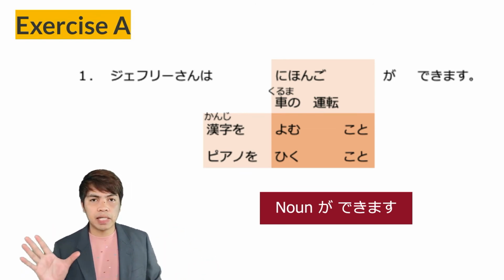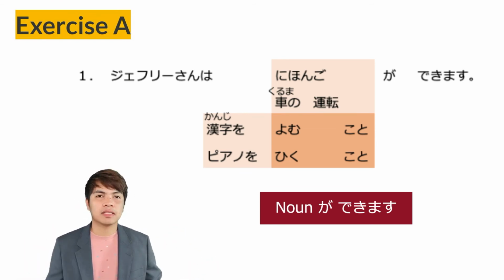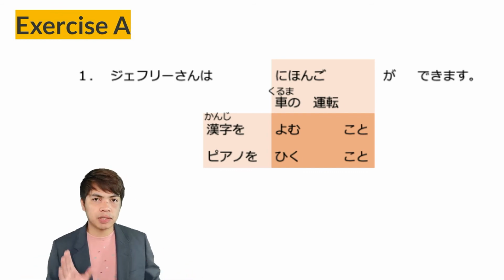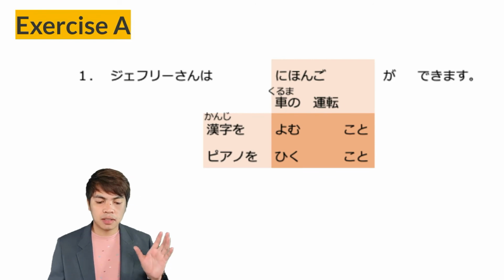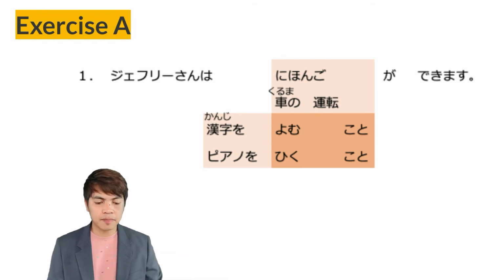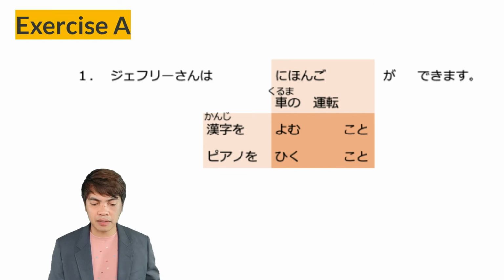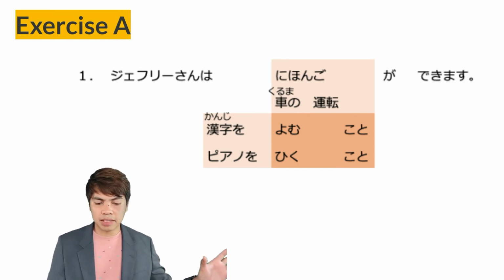To follow the noun ga dekimasu pattern, the verb yomimasu must be transformed into a noun. So dictionary form plus koto. Yomu koto ga dekimasu. Next, Jeffrey-san wa piano o hiku koto ga dekimasu. Mr. Jeffrey can play piano. Piano o hikimasu, to play piano. Hiku koto is a noun, ga dekimasu.